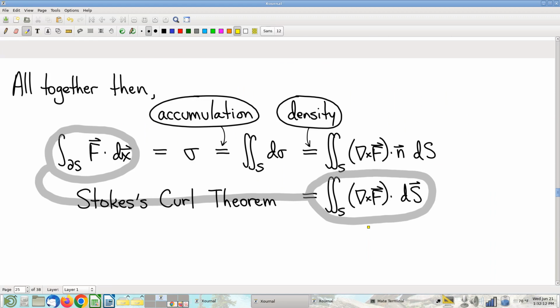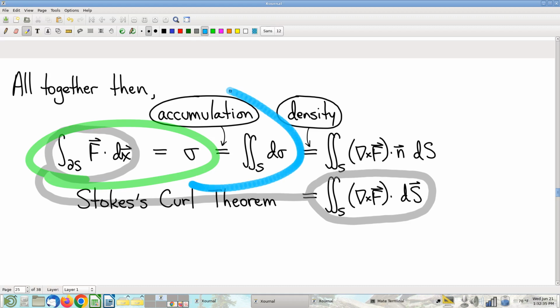Again, you recognize the structure. I deliberately write these derivations in analogous ways because I want to emphasize they are really literally analogous arguments. And so here we go. Just like with Green's theorem, we're talking about this quantity called circulation, which we have argued is an accumulating quantity.